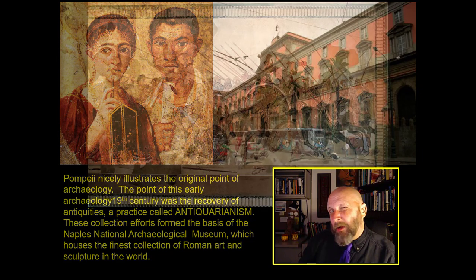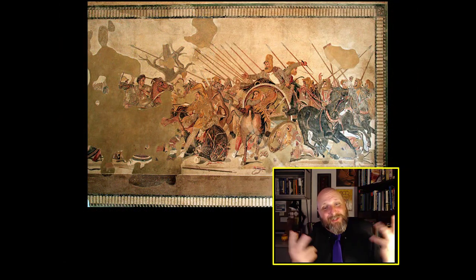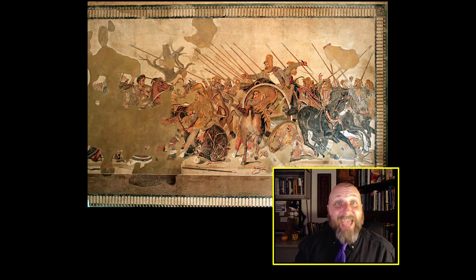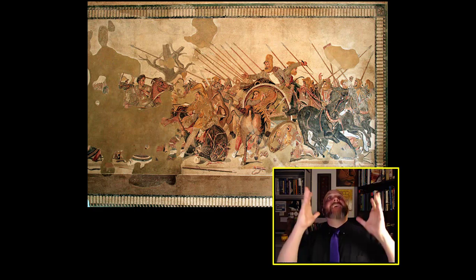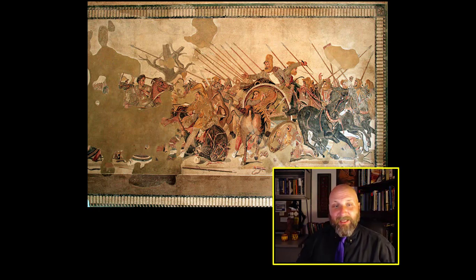And if you're into Roman art and world history, you've probably seen this picture. This is the very famous mosaic of the Battle of Gaugamela, between Alexander the Great and the Persian Emperor Darius. And there's the cowardly Persian Emperor, and there's Alexander the Great on the left. This is very interesting because this is actually a Roman mosaic.